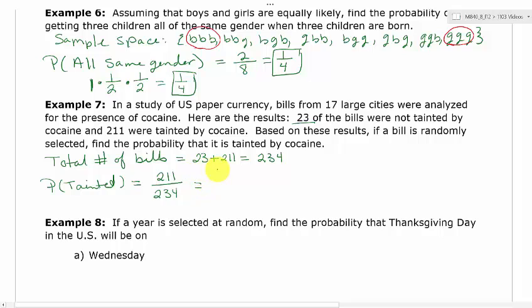And if we compute this number on our calculators, 211 divided by 234, we get 0.9017, but we want 3 significant digits, so that means in this case 3 decimal places, because there's no zeros between the decimal point and our first non-zero digit, so we would want to round that 17 up to 2.